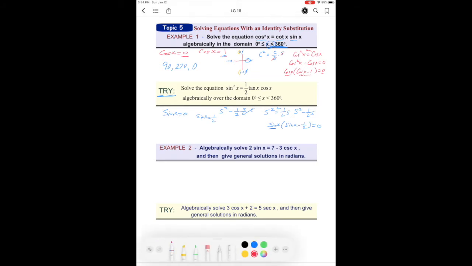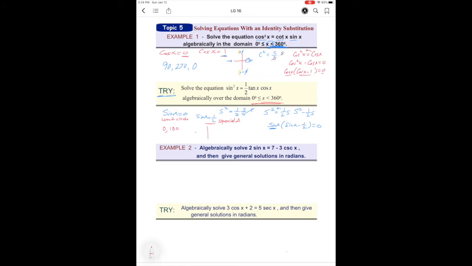Okay, now we have a mixture of the two. This one is the unit circle, and this one here is the special triangles. All right, so sin x equals 0, well, we know that to be, again in degrees, 0 and 180.